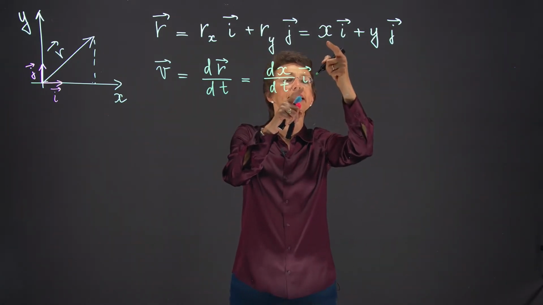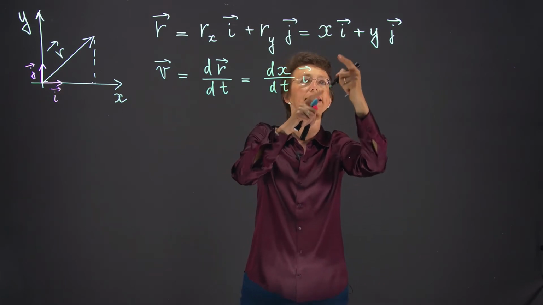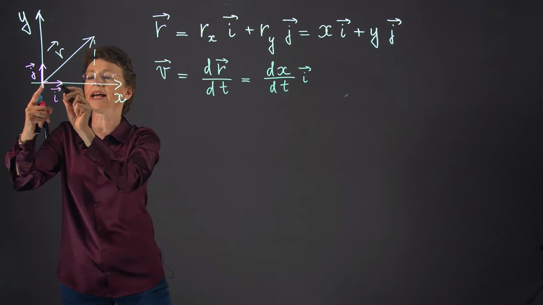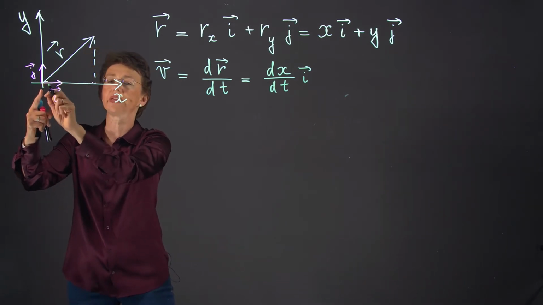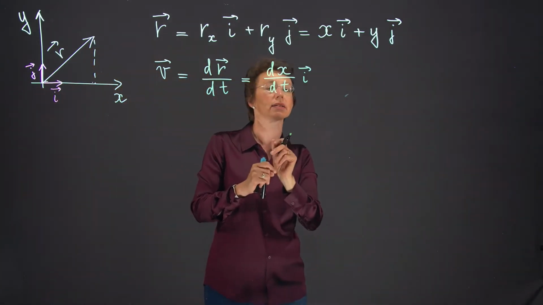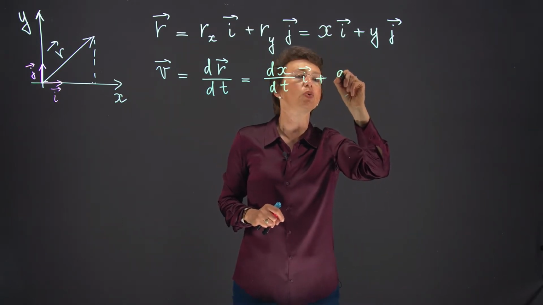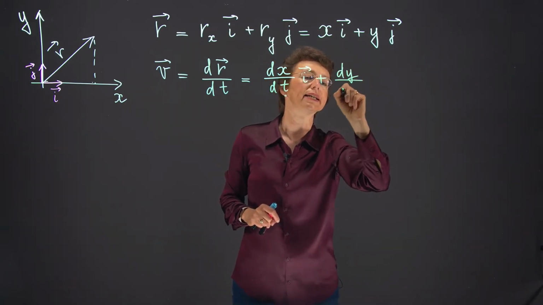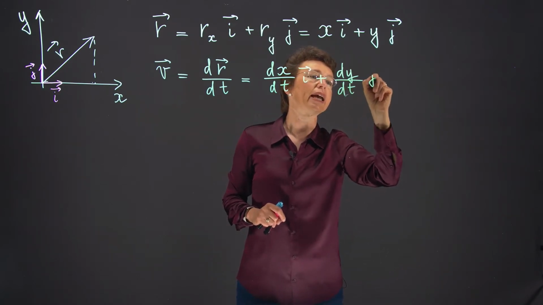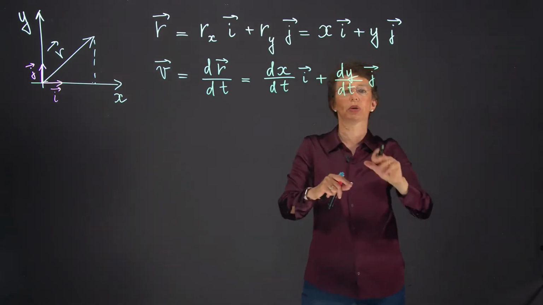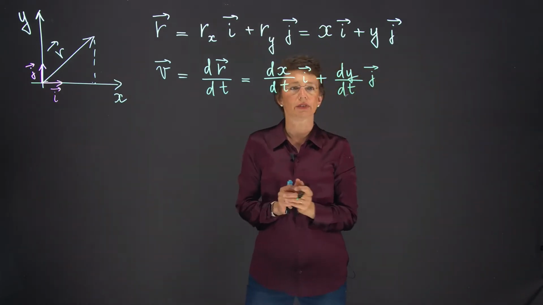Now I leave x in peace plus x times the derivative of i, which will be 0 because it has constant magnitude and the direction is always along x. Great, we are done with the first guy. Plus dy/dt times j, and again, product rule, the second term will be 0 because when I differentiate j, the derivative will be 0.